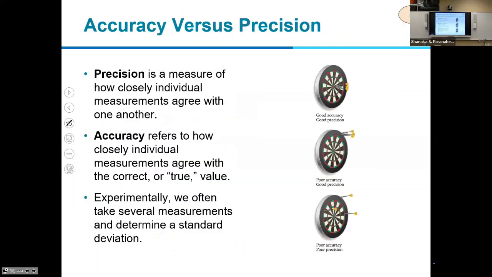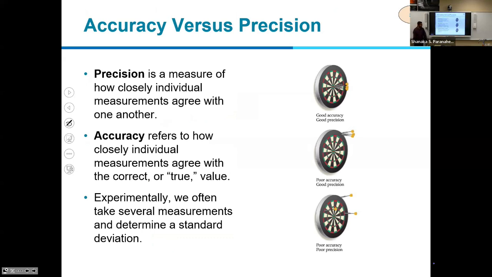Okay, so the next two words are again important, and you're going to see one question from this slide in the exam. So either precision or accuracy, you should be able to understand the meaning of those two words. Precision is how closely your measured values agree with each other.